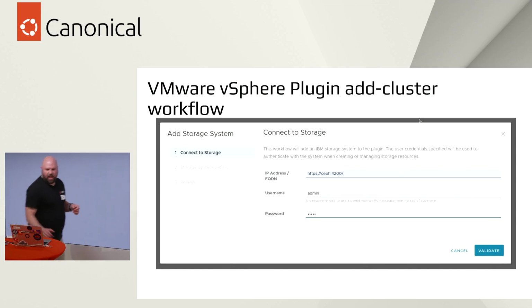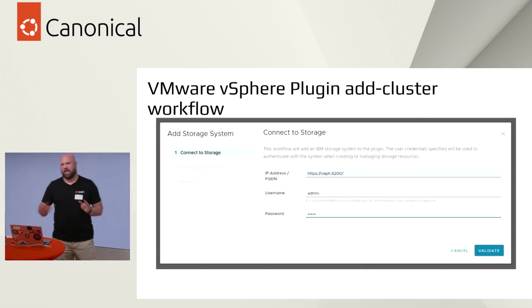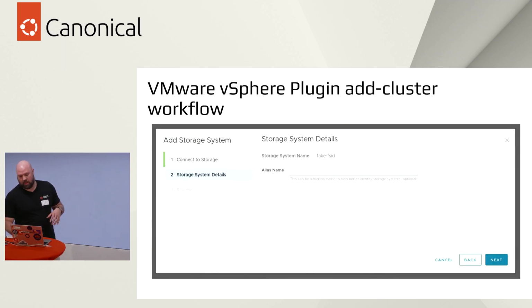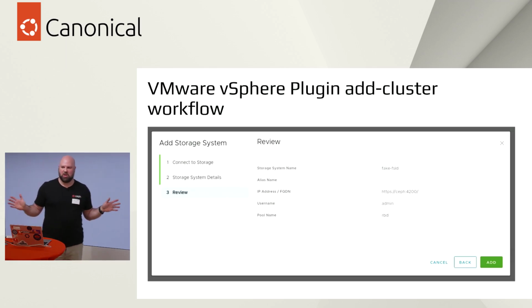Thank you. So first off, I just want to show a real quick workflow. This is just add cluster, IP address, username, password, port number, connect to the gateway service. After that's connected, you can give it a fake ID, FSID alias, and then after that, commit it. The UI itself will in turn create a new right-click menu inside of the UI.